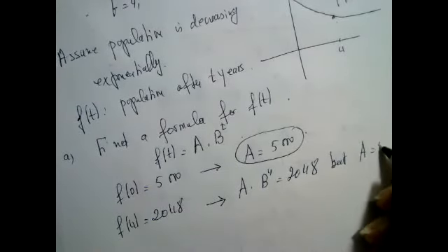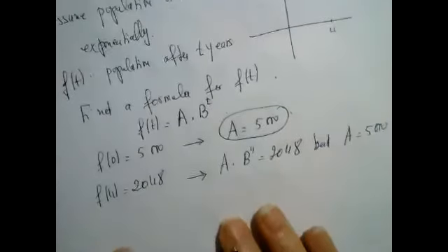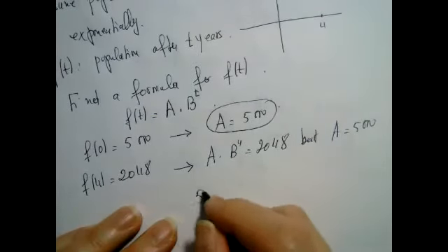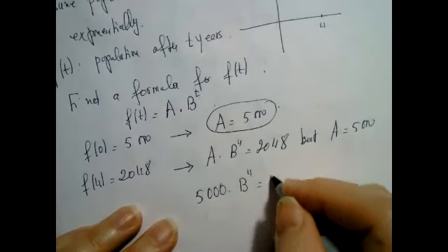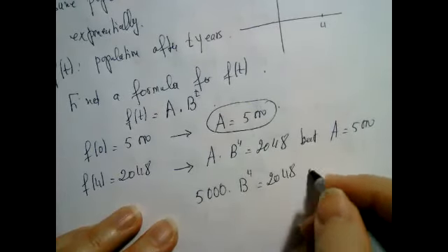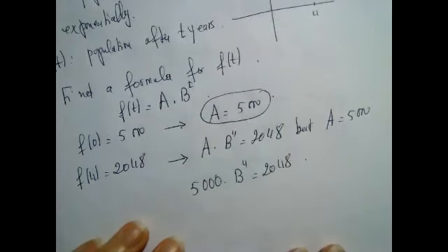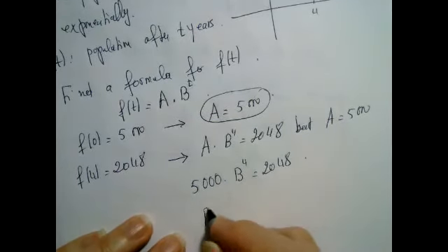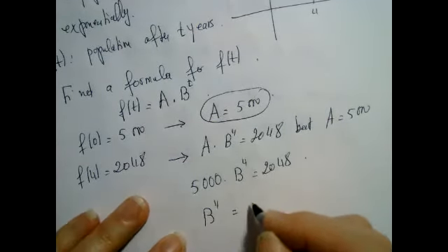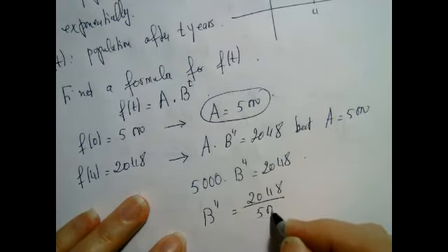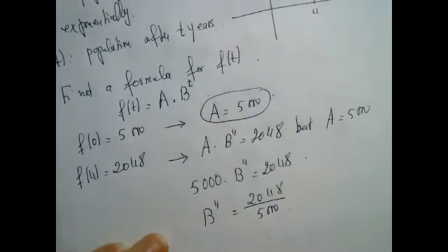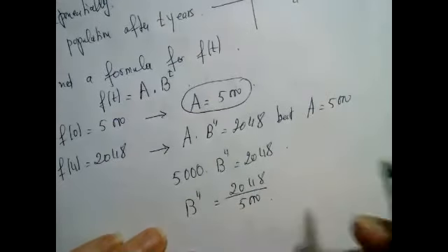But a is 5,000. So this tells me that 5,000 times b to the power 4 is 2048. And now I need to solve for b. So this will give me b to the power 4 equals 2048 over 5,000. I divide both sides by 5,000, and then I want to solve for b.